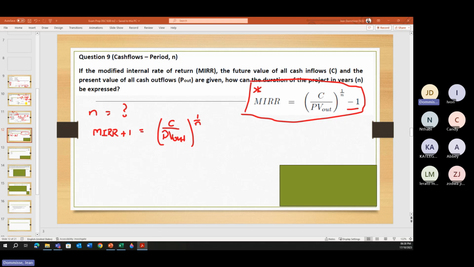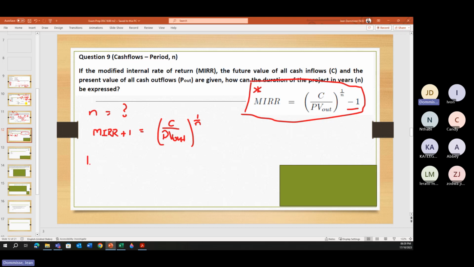Okay, any ideas? Okay, so what we will do is take ln on both sides, but again, we need to be careful how we do it.